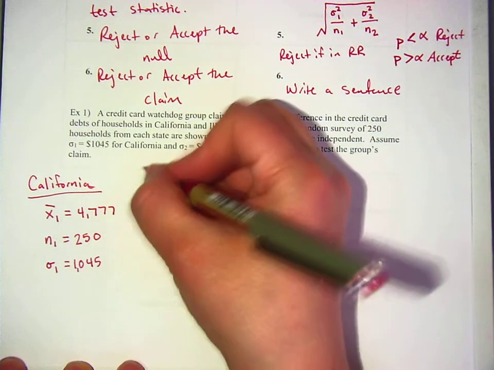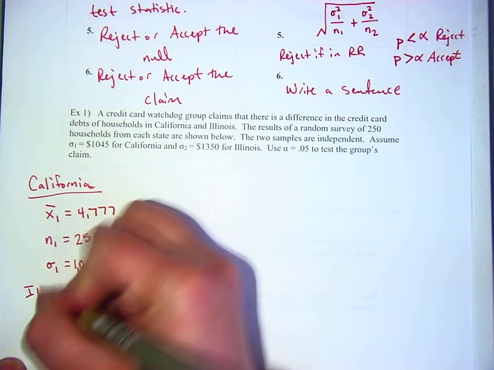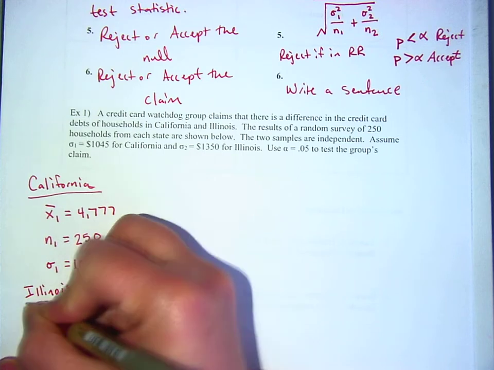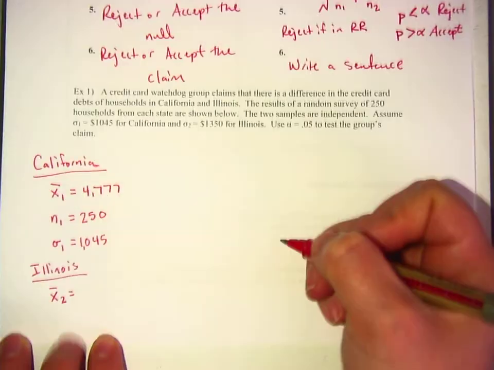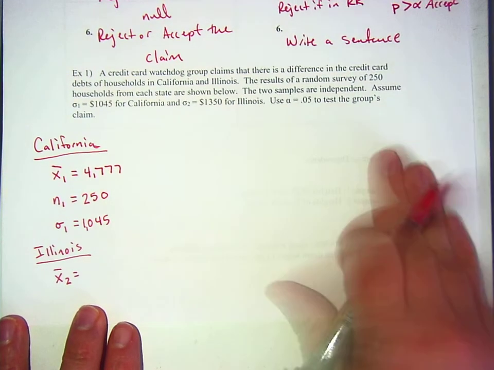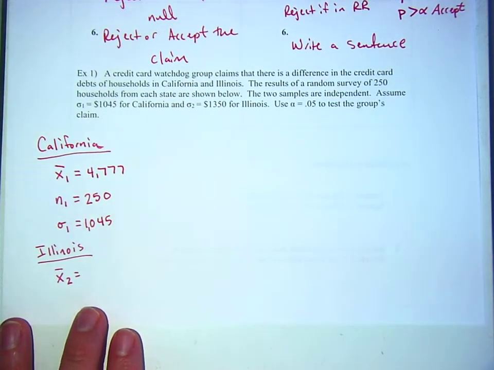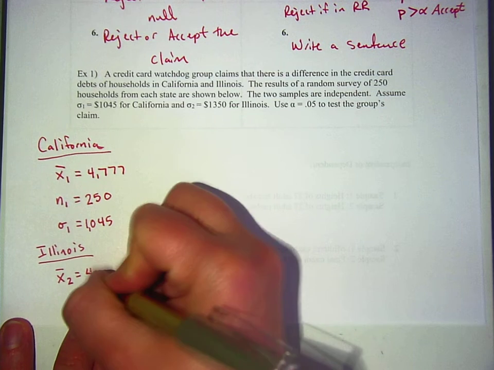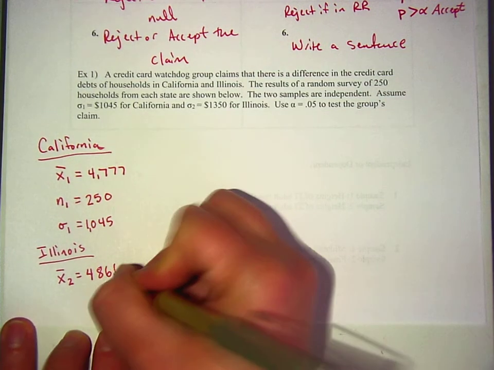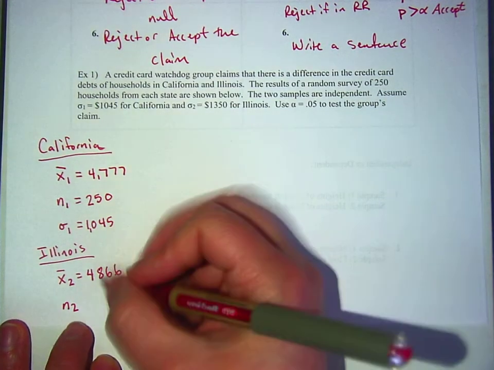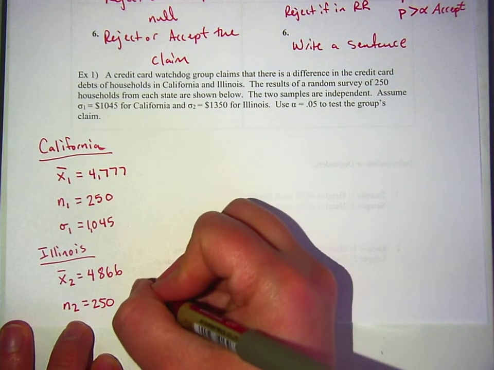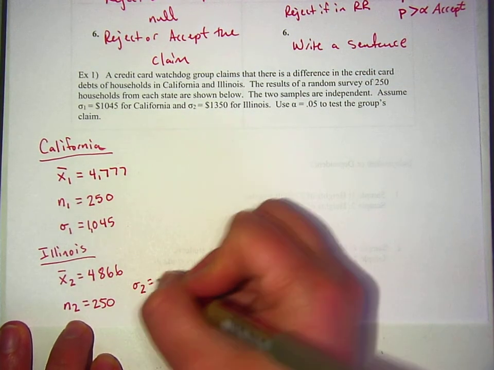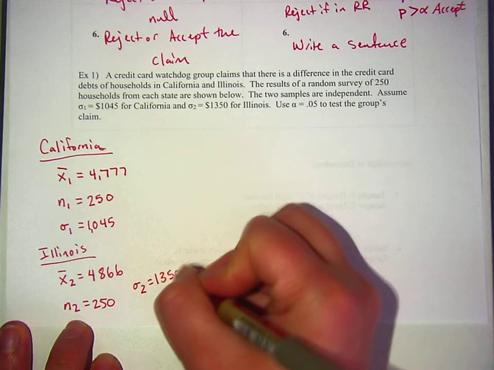And then we have Illinois. Illinois, x bar 2, is 4,866. For Illinois, they asked also 250 people, and the standard deviation is 1,350.